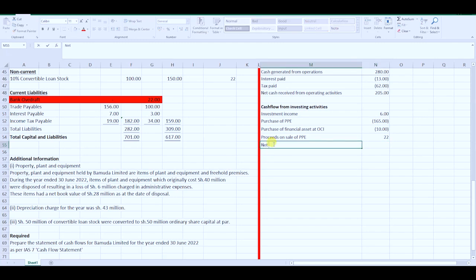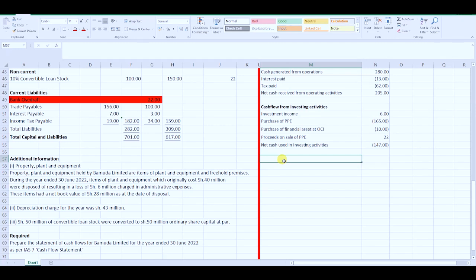Getting it is just the sum. You select the first one of these items, close the bracket, enter. 147, negative 147.